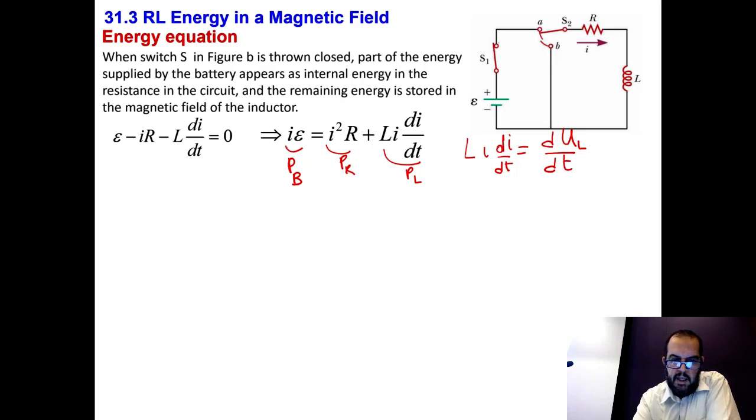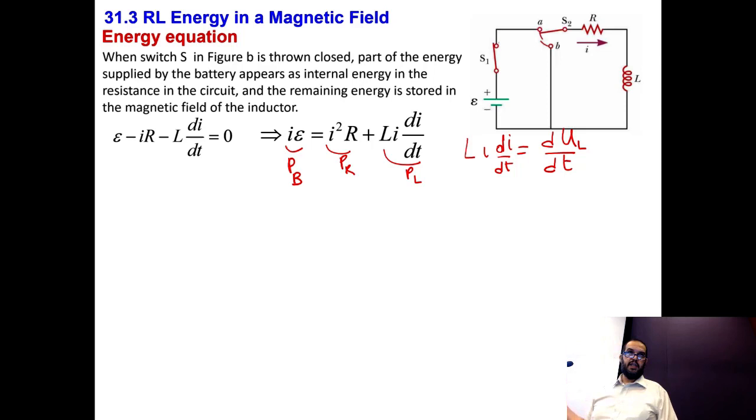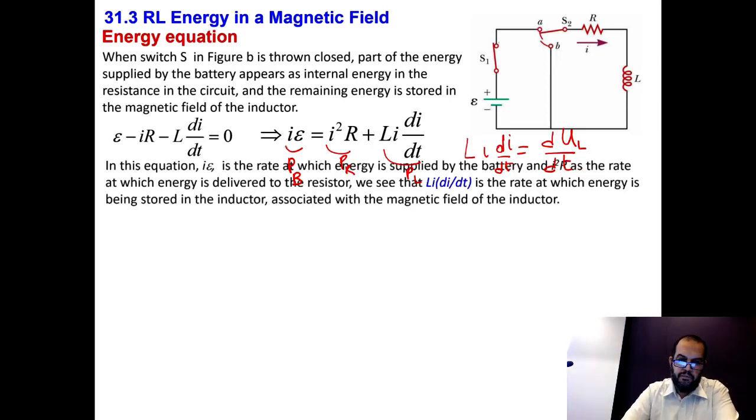So we can say the power that is generated by the battery, part of it is dissipated as thermal heat through the resistor, and thermal heat is usually lost, and part of it is actually stored in the magnetic field of the inductor. Okay, and so Li times di/dt is the rate at which energy is being stored in the inductor associated with the magnetic field of the inductor.